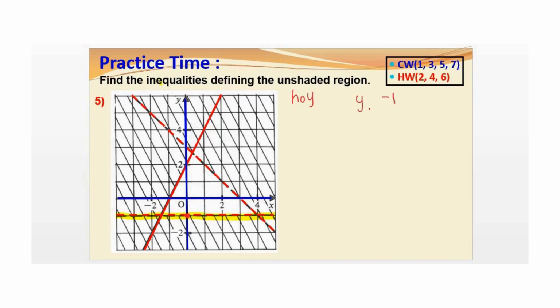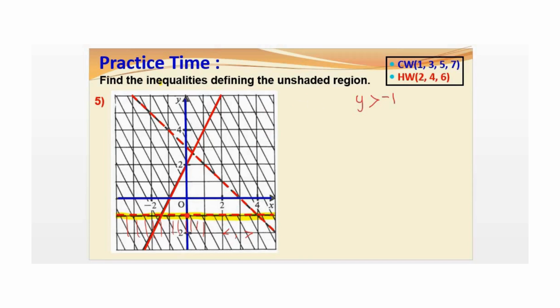So it means I have to connect y and -1. Because it's a dotted line, I have to write either the less than sign or the greater than sign. Because the lower numbers are shaded and I have the greater numbers, that means y is greater than -1, because here the unshaded region is having the greater numbers. So we are done with this yellow line.